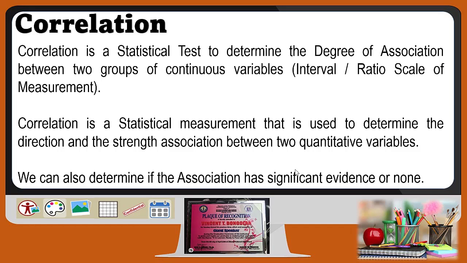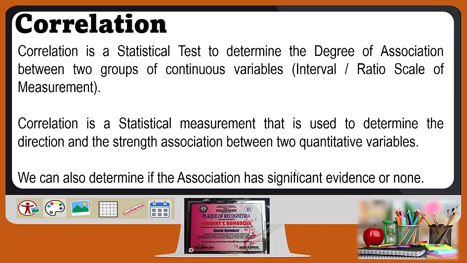So if your data is not in interval or ratio scale, then you may opt not to use the Pearson product moment correlation. You can use other tests that require other levels of measurement.